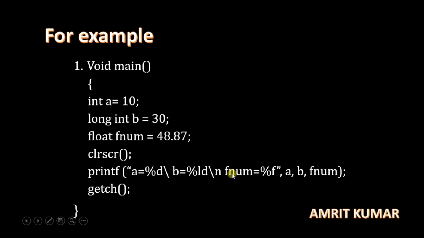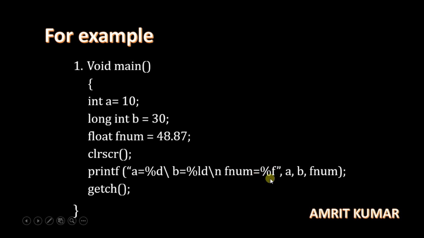Now here you are looking at a variable which is going to store percentage f, which is a float value, and it is a format specifier. Percentage f means it is going to work for float. Then comma A, comma B, comma F-num: I am passing A, B, and F-num into the printf function, and I am using the format specifiers percentage D, percentage LD, and percentage f.